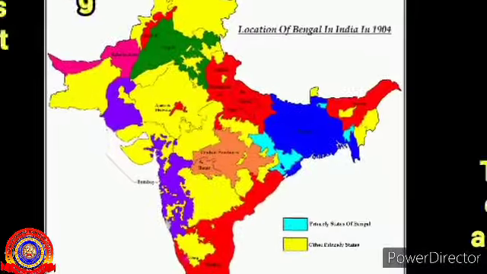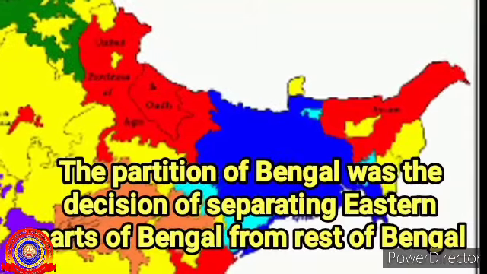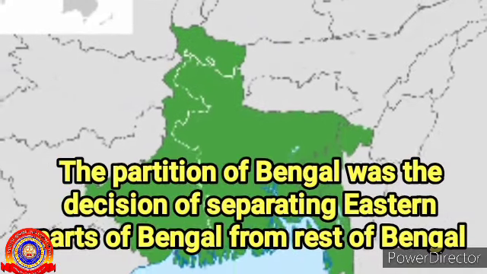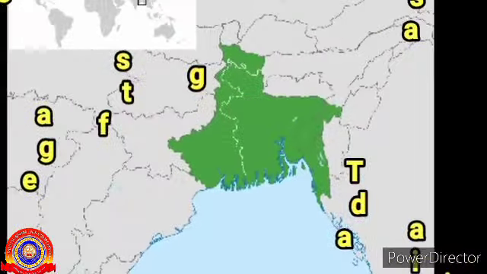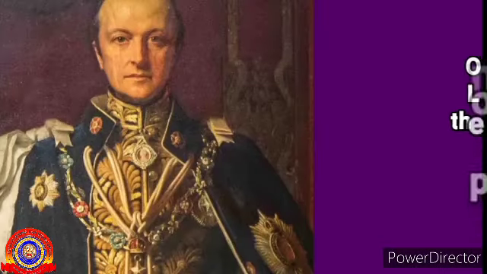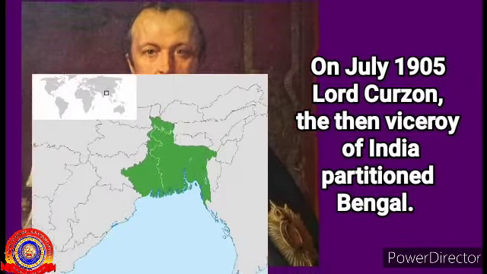The partition of Bengal was the decision of separating eastern parts of Bengal from rest of Bengal. In July 1905, Lord Curzon, the then Viceroy of India, partitioned Bengal.